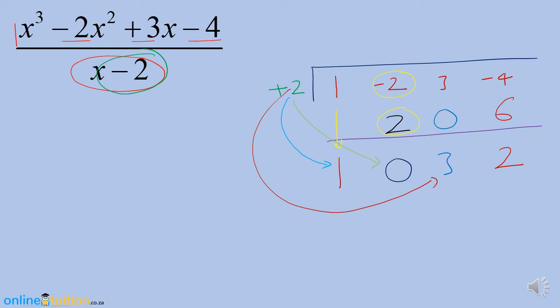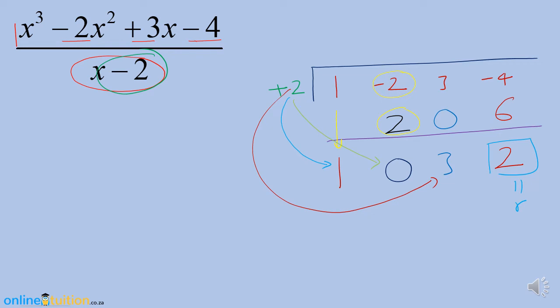Interestingly enough, the last number that you see there, this chappy over here, equals what we call the remainder. Nice. And what do the others represent? 1, 0, 3. Think about this very carefully. We've divided x cubed by x.